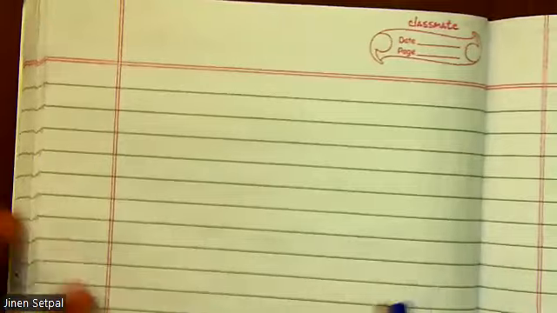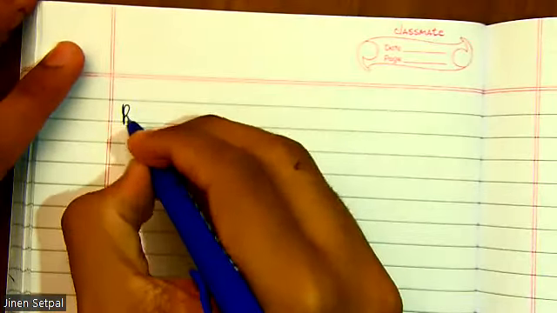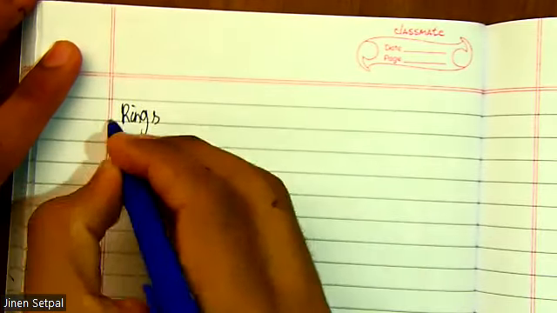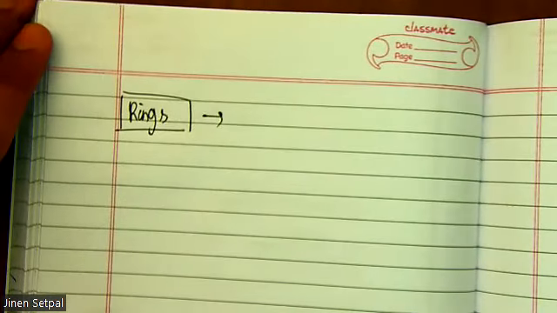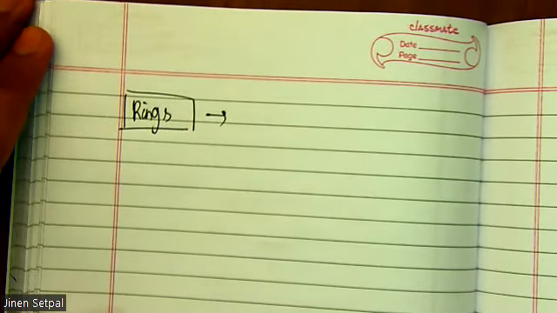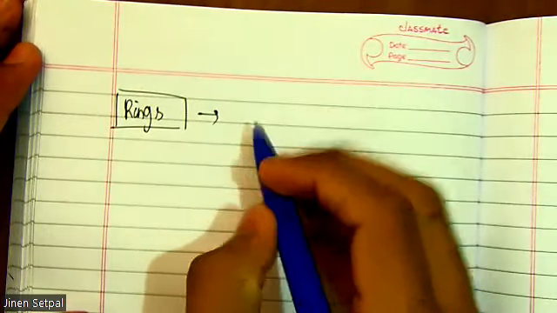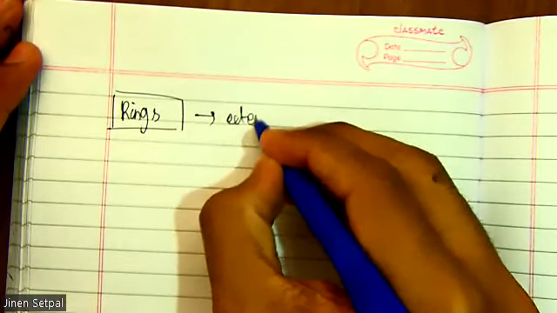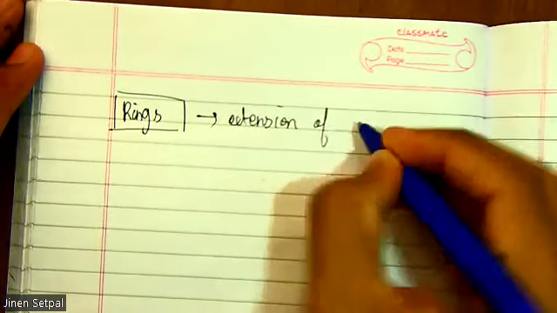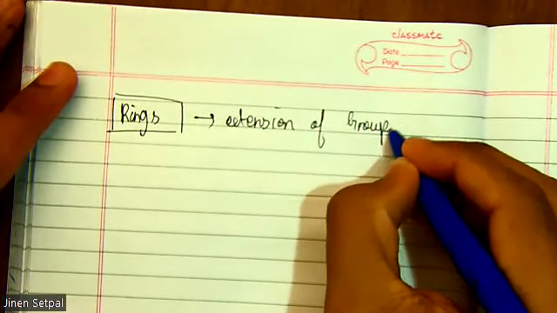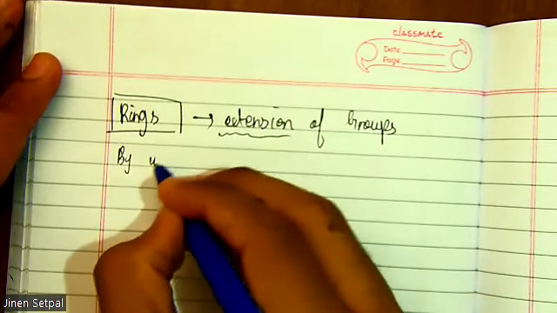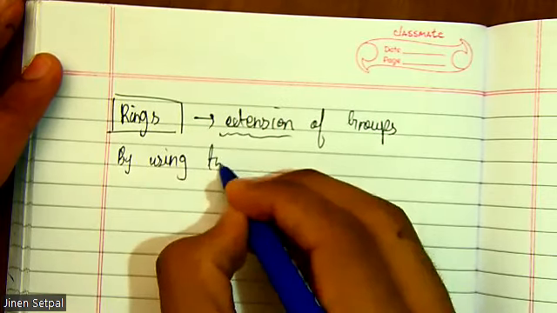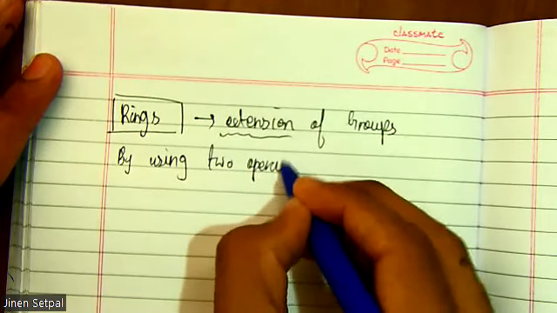So, following the group data or algebraic structure, we have rings, and rings are an extension of groups, right? They are an extension of groups, and the way that they extend groups is by defining two operations.